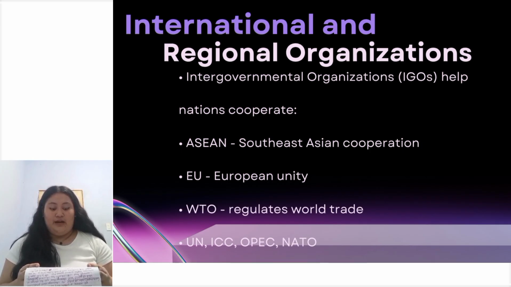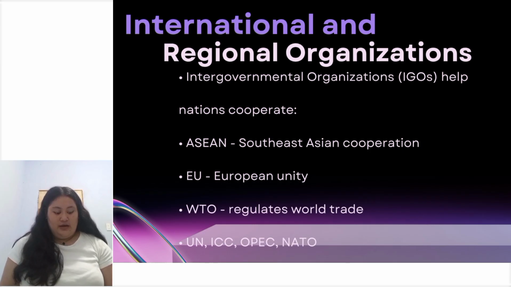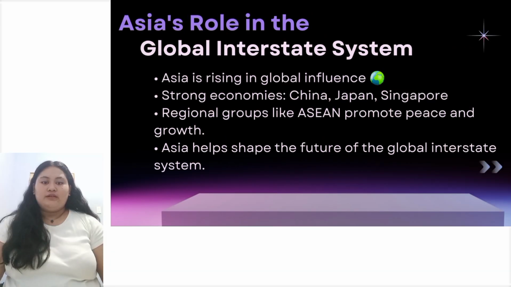And more prominent examples of the intergovernmental organization are UN, United Nations, ICC for International Criminal Court, OPEC for Organization of Petroleum Exporting Countries, then NATO for North Atlantic Treaty Organization. In short, ang intergovernmental organization nag-allow na siya sa countries to work together on political and economic and social issues para mulambo siya sa usa ka countries.